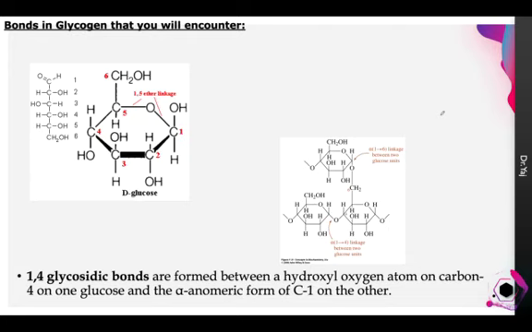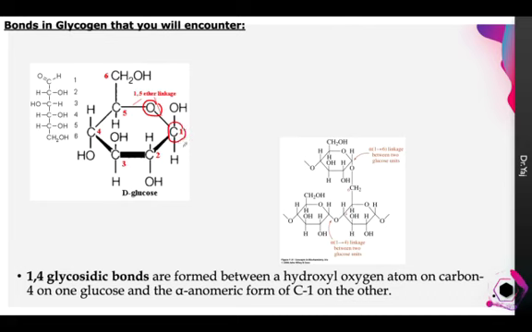Now, if I want to number the carbons in the cyclic structure, how will I do so? I look at the ether linkage and then I choose the carbon which is nearest to the ether linkage, which is this particular carbon.